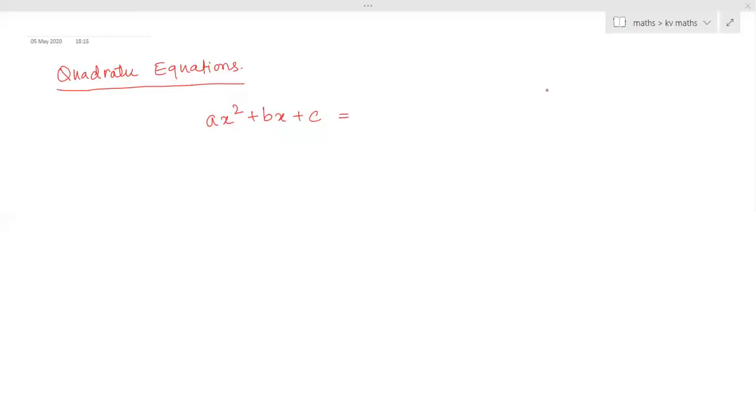When we equate this quadratic polynomial to a value, it is not needed to be 0, it can be any value. If we make it 0, then this quadratic polynomial will become an equation.